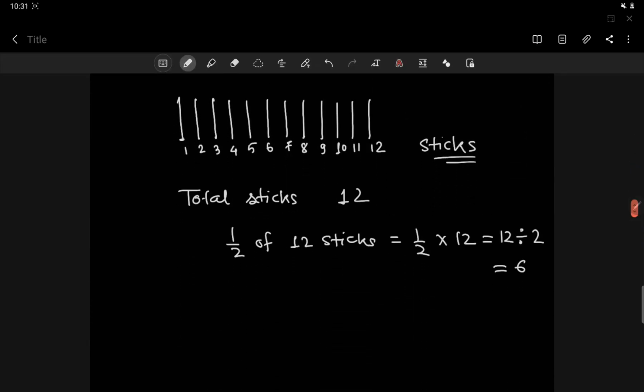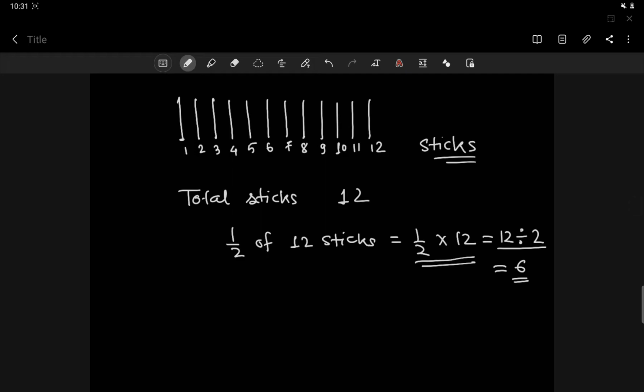Let's go to the next topic. Suppose I have 12 sticks and I want half of 12 sticks. It means half into 12, or 12 divided by 2, and you will get 6.